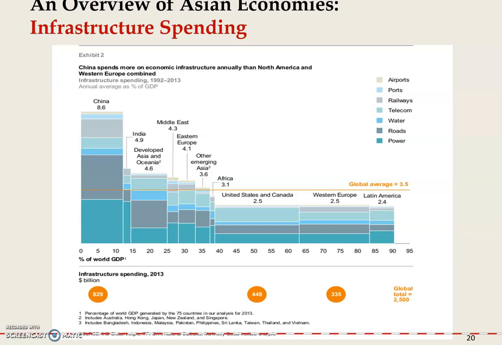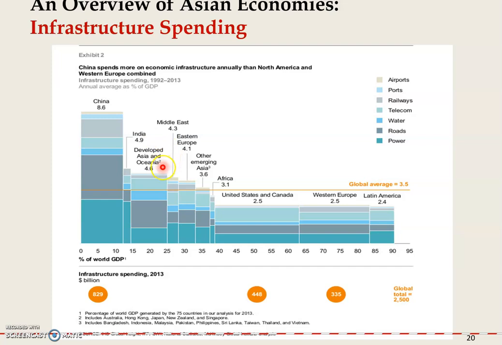And here on this chart, you can actually find that, as the title suggests, China spends more on economic infrastructure annually than North America and Western Europe combined. So these numbers you see are the percentage in GDP. China spent 8.6% of its GDP on infrastructure. India 4.9%.